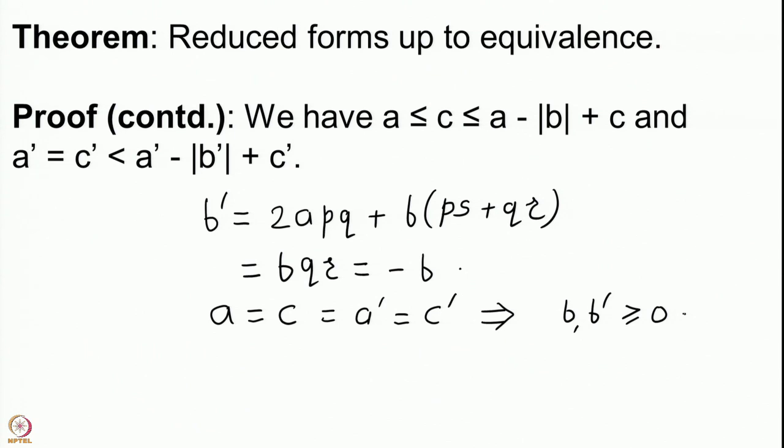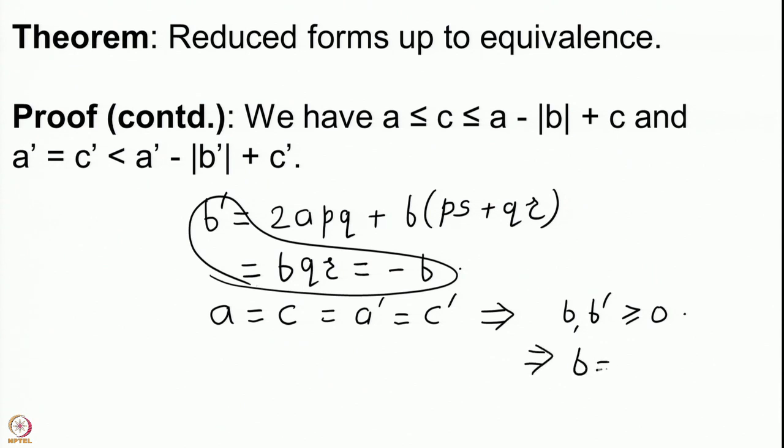But if B is equal to negative of B prime, then this equality will force that both B and B prime are 0, and our form simply reads A into x square plus A into y square, and F prime also reads A prime into x square plus C prime into y square, which is same as A into x square plus C into y square.